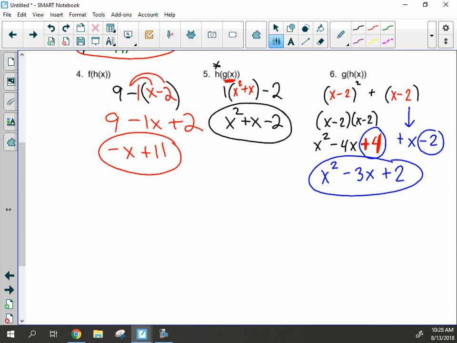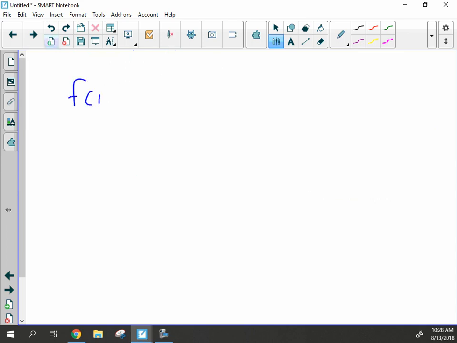This one means plug in x equals 1 into g. And then step 2 is plug the answer into f. So that was Friday's stuff.